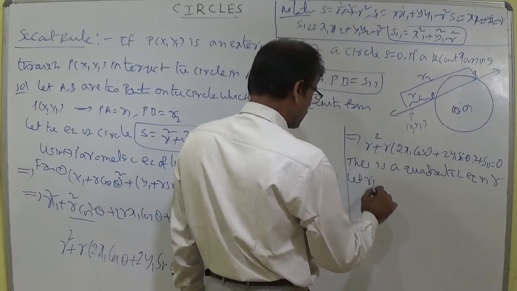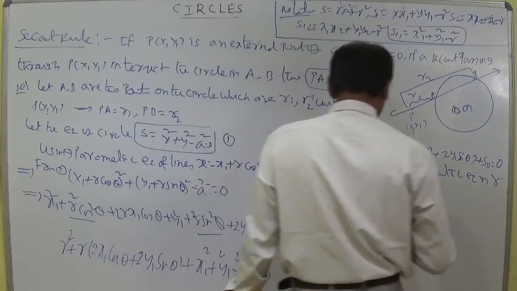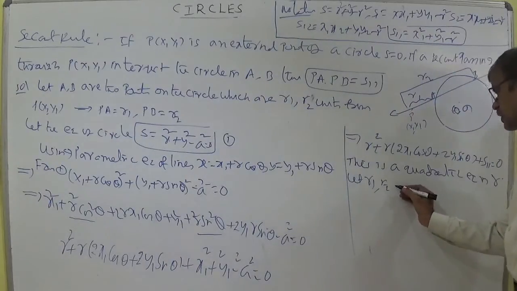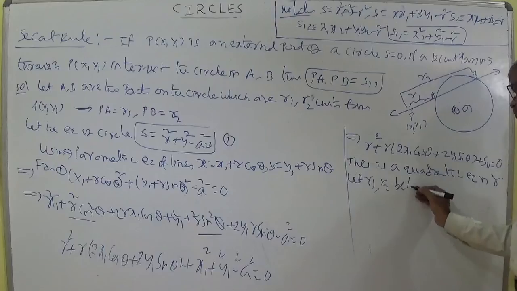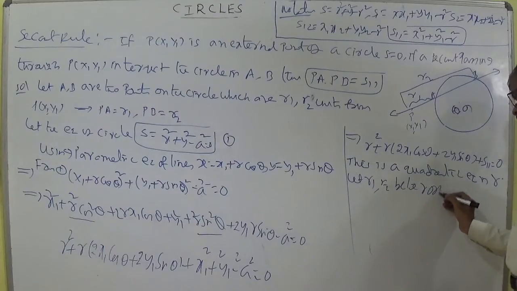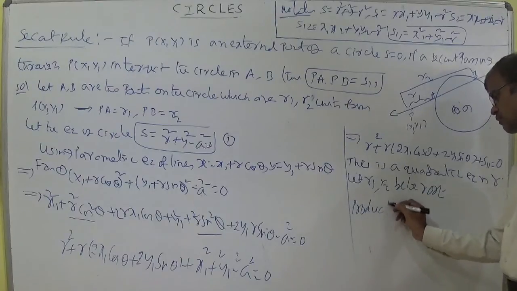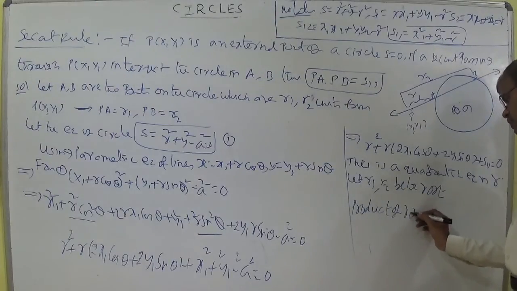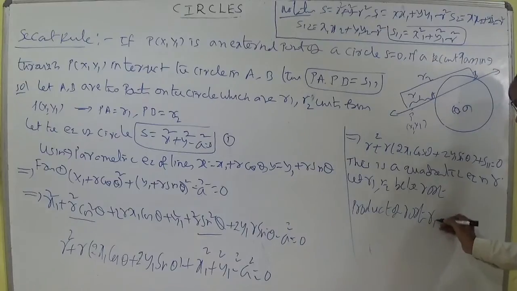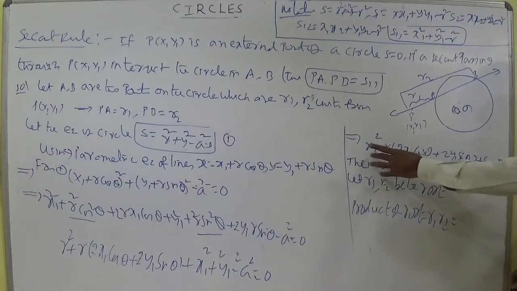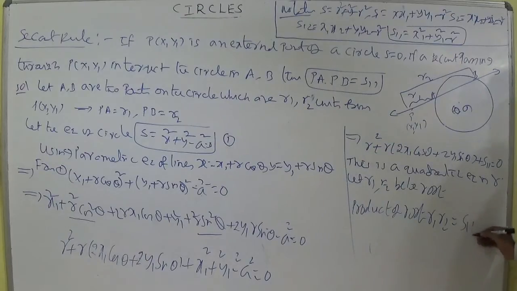Whenever a quadratic equation is there, it is having two roots. Let r1, r2 be the roots. Now you write the product of roots. For the quadratic equation, product of roots r1 into r2, using the formula c by a, you can write S11 simply.